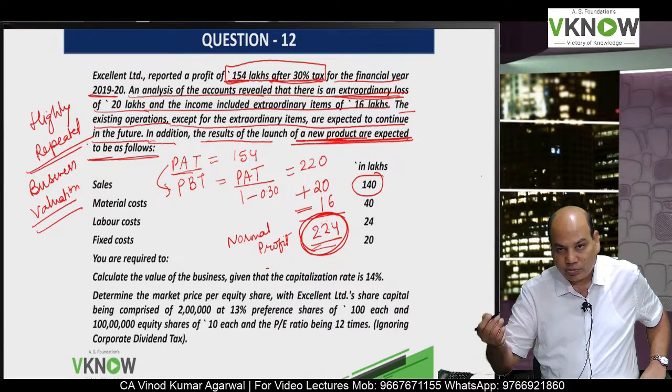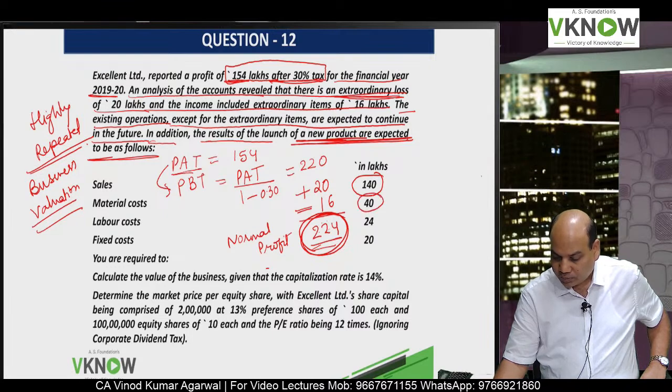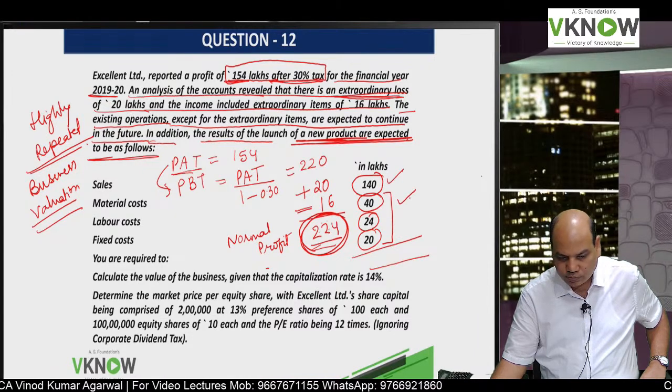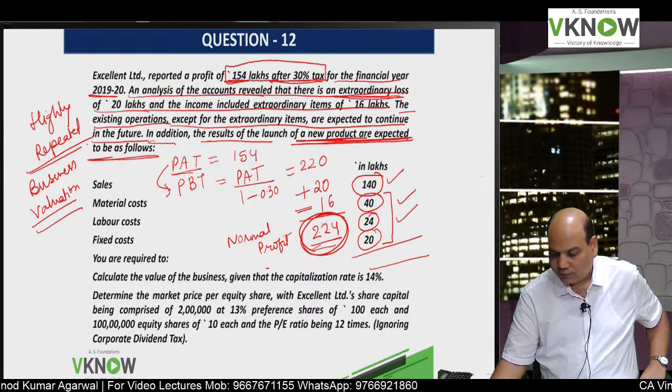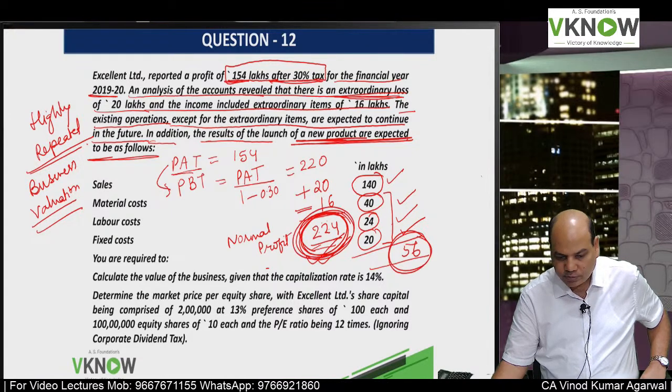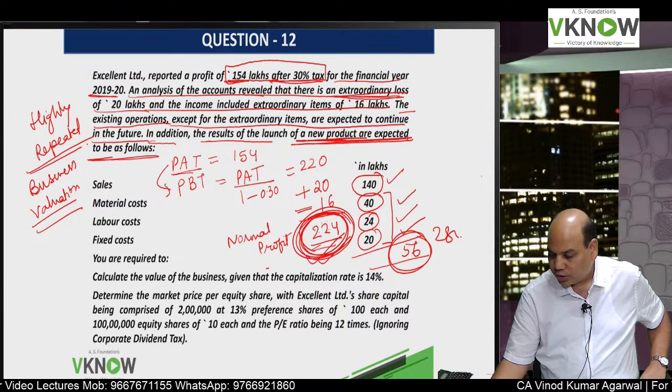Sales will increase by 140, less material cost, labor cost, fixed cost. So this will generate an additional profit of 140 minus 40 minus 24 minus 20, which is 56. So my total profit will become 224 plus 56, which is 280. This will be the profit before tax in future.